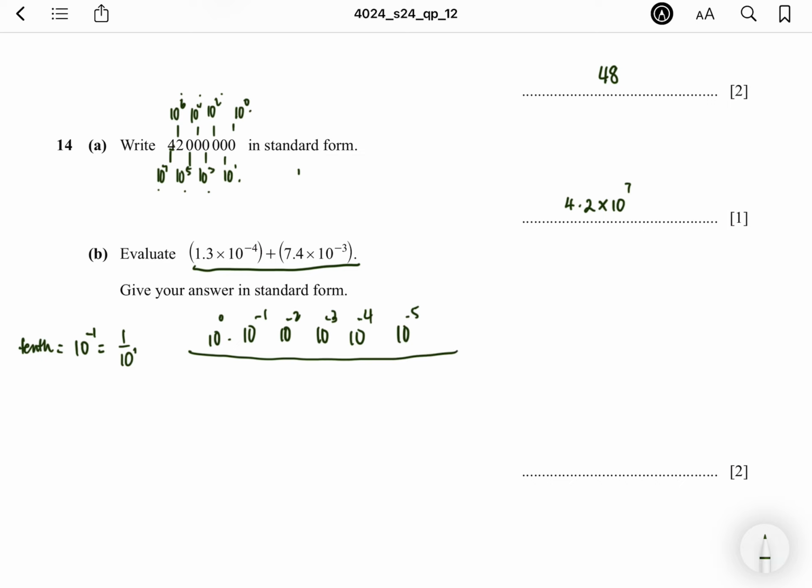So 1.3 times 10 to the power 4 means 1 nya ni arah sini. Okay, the ones, which means 7 and 4 ni arah... okay.